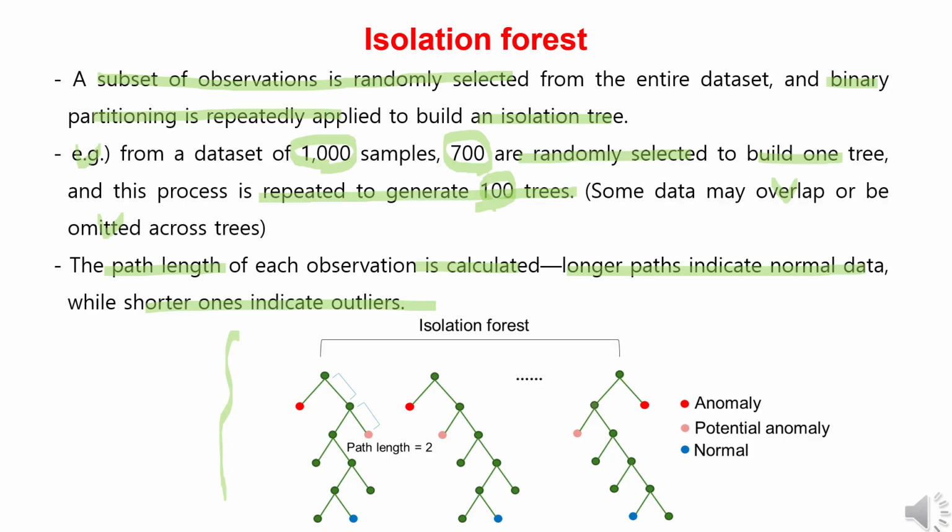The red outlier can be isolated with just one binary split. In contrast, the blue points, representing normal data, are mixed with other points and require more splitting steps to become isolated. This difference, outliers needing fewer splits and normal points needing more, is the core principle behind the isolation forest.